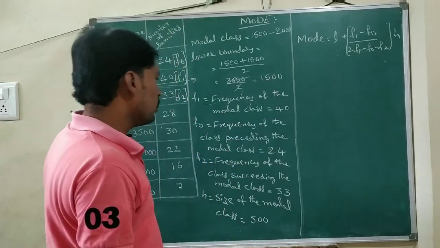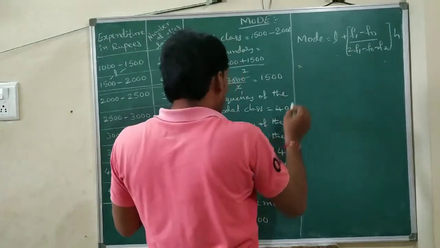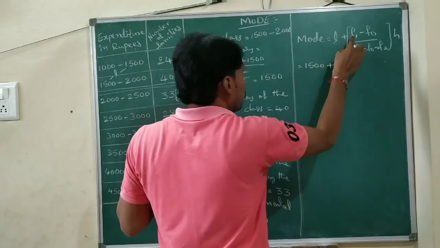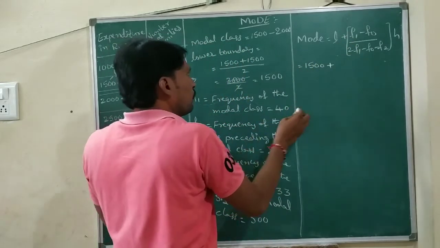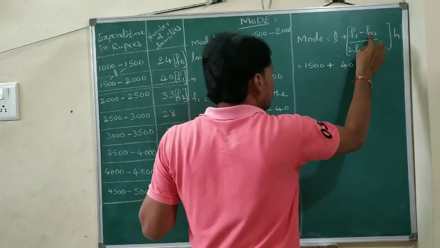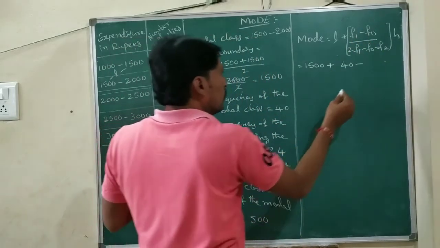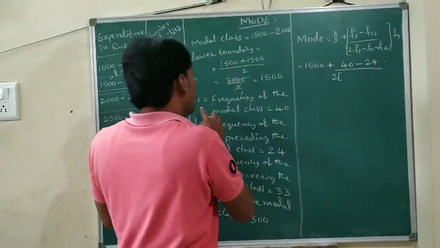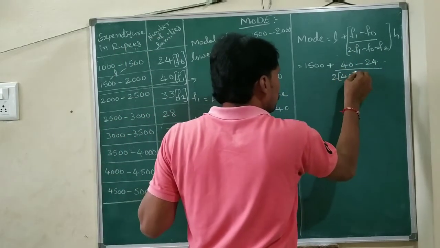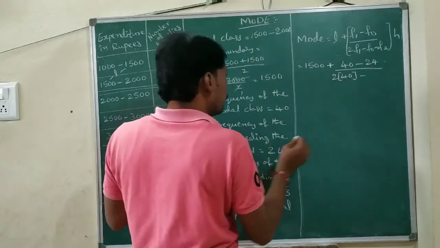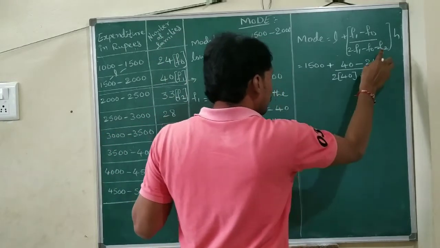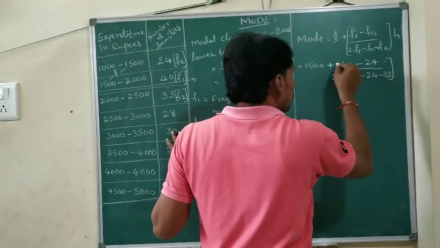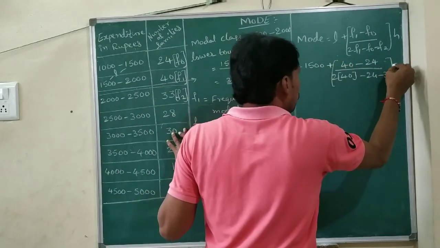L, lower boundary, is 1500, plus F1 which is 40, minus F0 which is 24, by 2 into F1 which is 40, minus F0 which is 24, minus F2 whose value is 33, into H value which is 500.